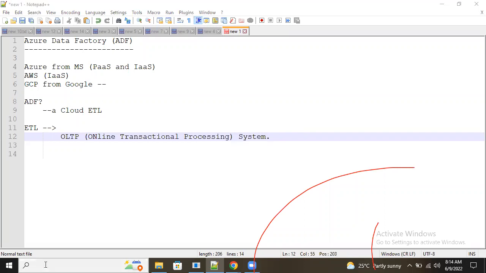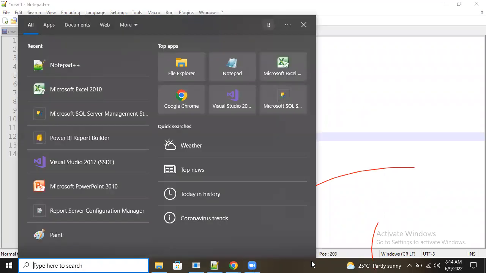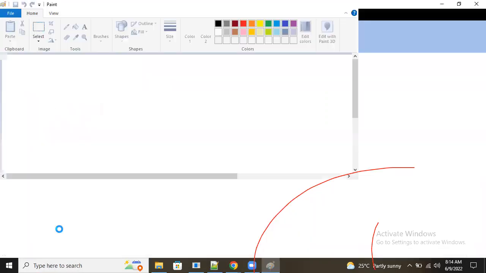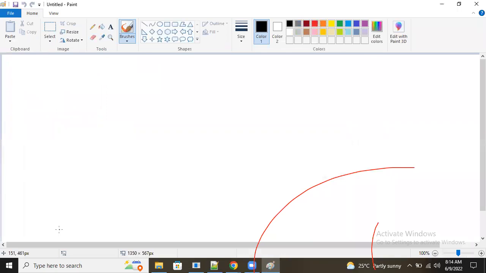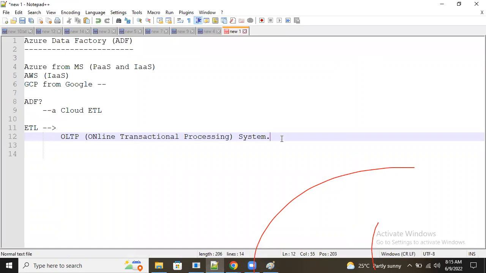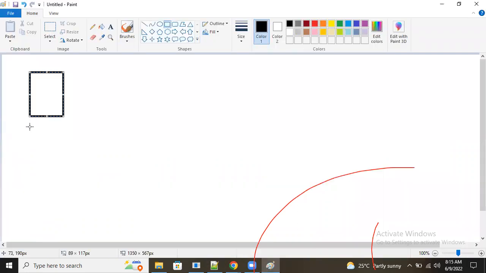Let me go ahead with Paint. If we were meeting in a classroom, I would have used the blackboard. Since we are all connecting from different corners of India, I'm taking the help of PowerPoint and Paint. Friends, observe here. Department 1 is using OLTP1, Department 2 is having OLTP2, different OLTP systems.